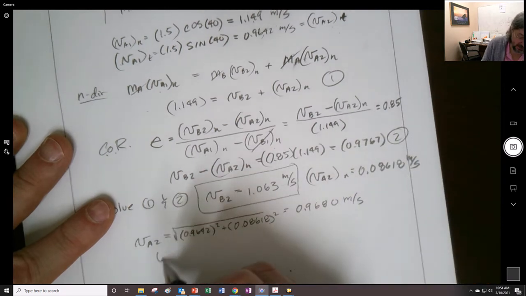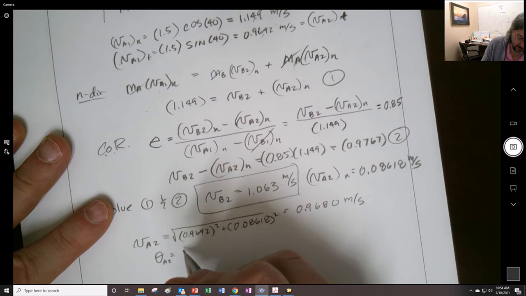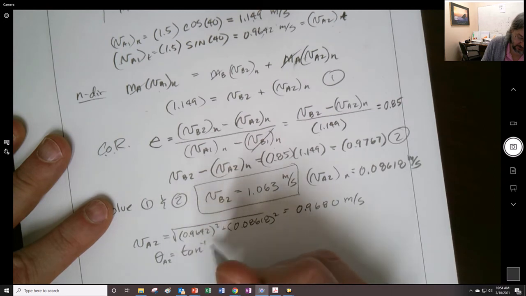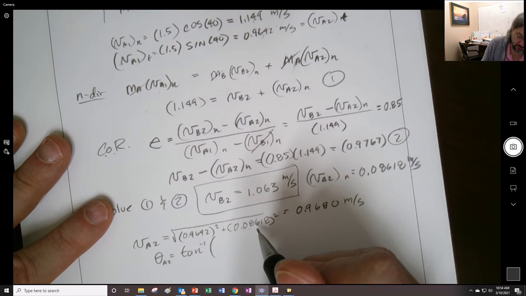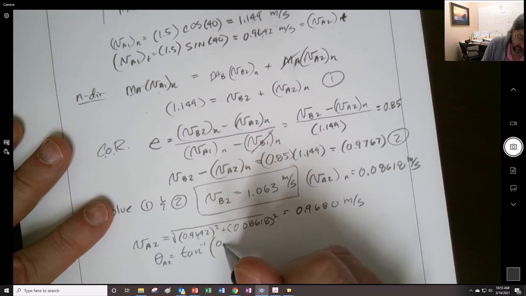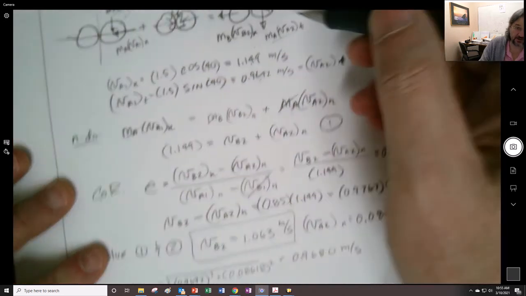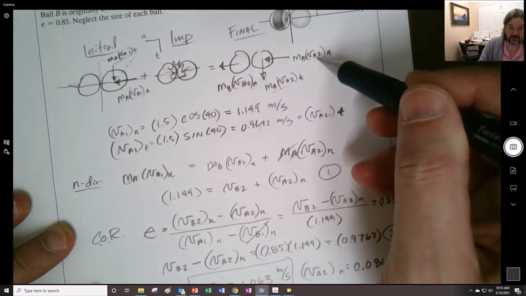And if you want the angle, we'll say angle A2. We will take the inverse tangent of the rise in this case, because that's the vertical direction, and it will be coming down this way right here, because we did get a positive thing here.